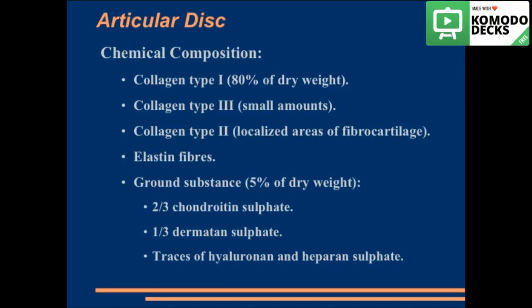As for the chemical composition of this articular disc, it is mainly composed of collagen type 1, 80%, with small traces of collagen type 3 and collagen type 2. There are elastin fibers also, and the ground substance, which composes 5% of the dry weight, is of glycosaminoglycans, one third dermatan sulfate and two thirds chondroitin sulfates.